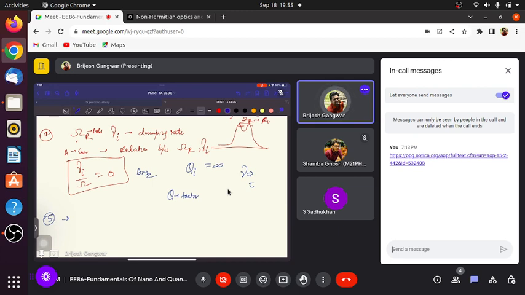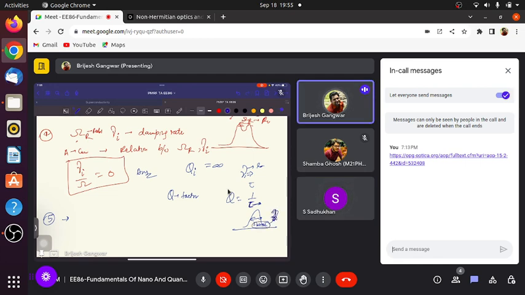And gamma is the loss rate, how fast the energy is leaking from the cavity, that is gamma. So this is just opposite. The Q factor formula is 1 upon tau. And how do you calculate the tau? You calculate this tau with the FWHM, right? And this FWHM is known as gamma.